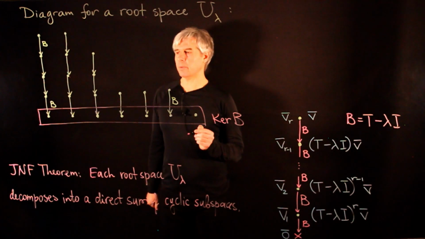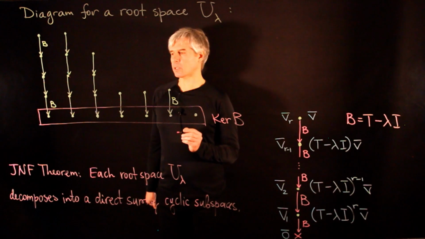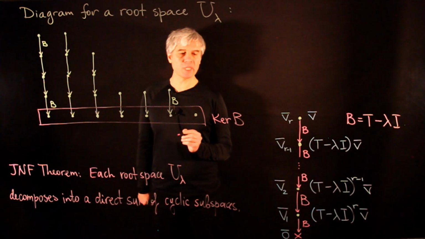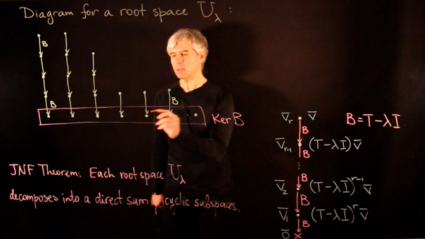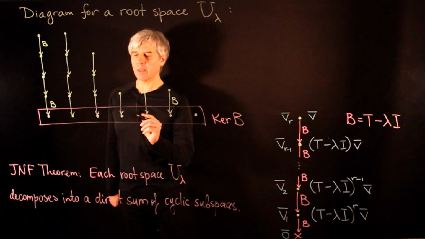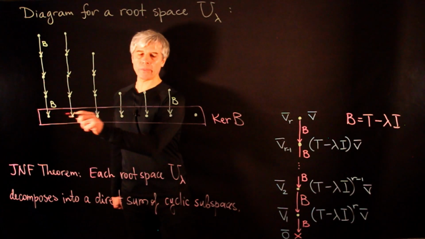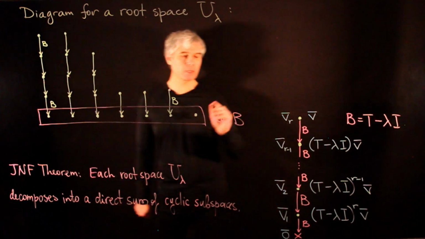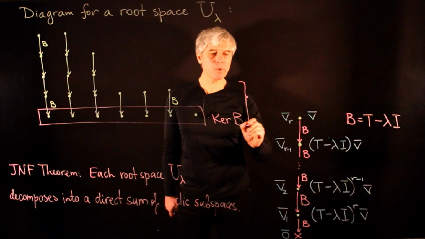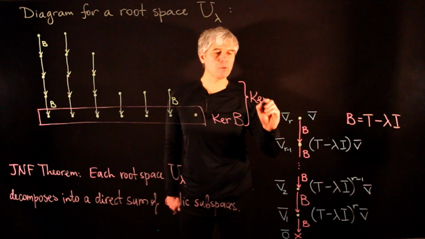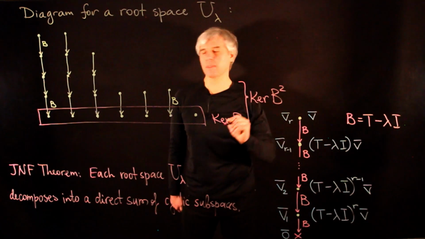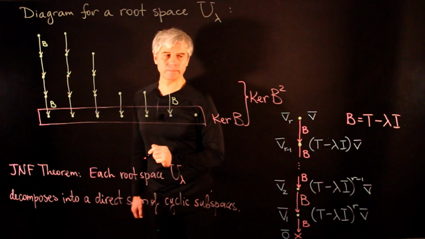Next, let us ask the question: which vectors will belong to the kernel of b squared? And then we see from this diagram that b squared annihilates vectors on the first and the second level. So the kernel of b squared will be the span of vectors on levels 1 and 2.